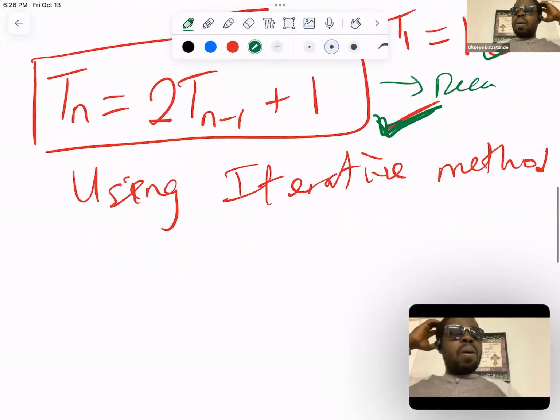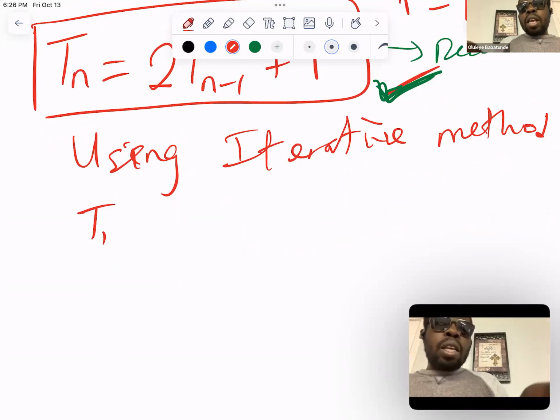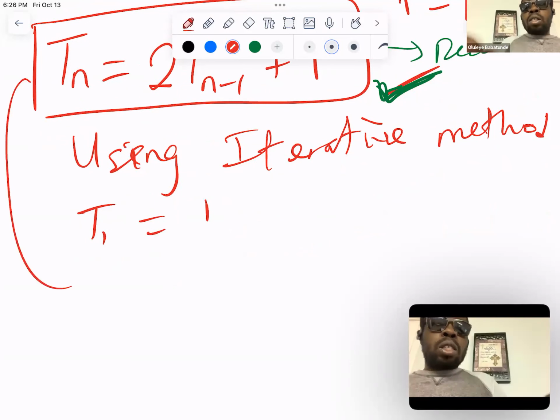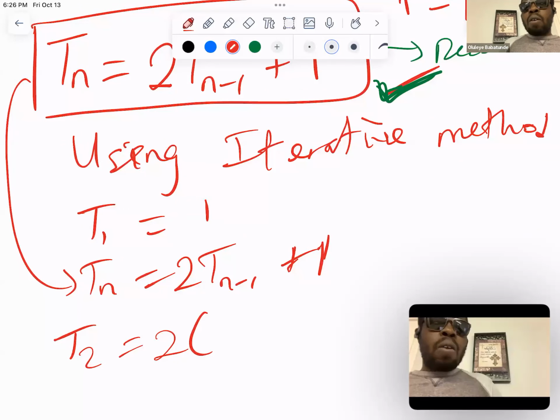Okay, now T1 is 1, but Tn is twice the previous one plus 1. So that means T2 is going to be twice T1 plus 1.